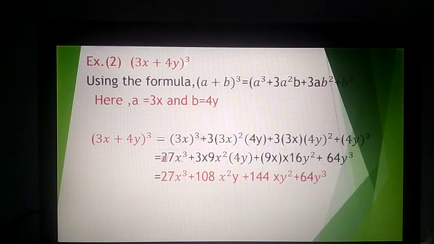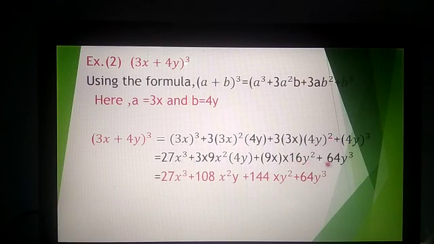3 cube means 27 and x cube means x cube, so 27x cube. Here 3 square, we will take here 3 square. 3 square is 9 and x square is x square. So 3 into 9x square into 4y, plus here 3 into 3 is 9 into x into 4y square. 4 square is 16 and y square is y square.